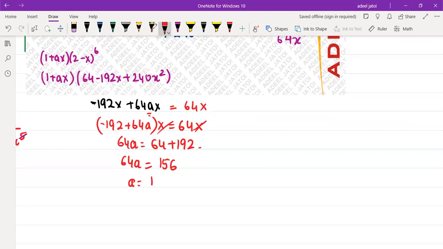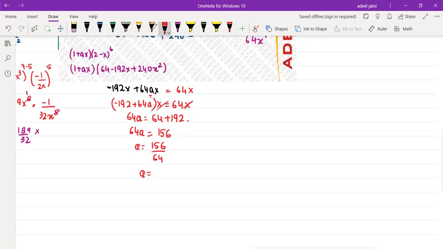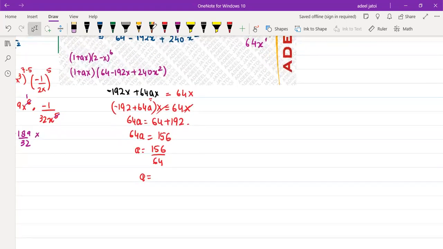64 plus 192 is 256. If we just correct it down, so that means a is equal to 256 upon 64.